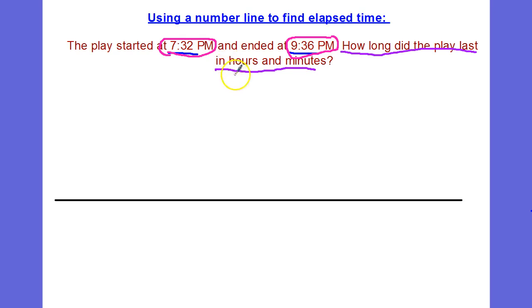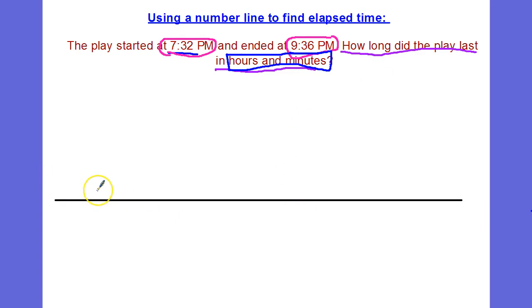And last, we're going to box in our key words. The biggest keywords that you're going to look at are hours and minutes, which tells you that you're going to be converting, and you'll have hours and minutes in your answer.